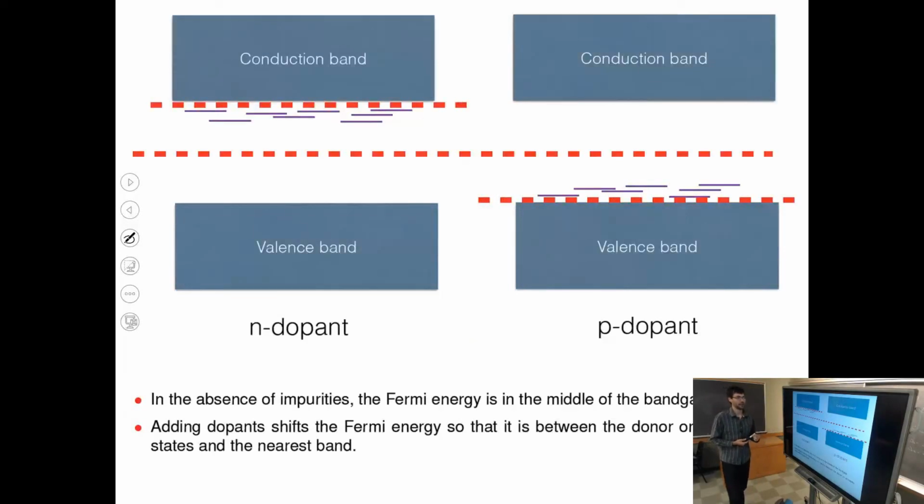Now, what that does to the chemical potential. So for an intrinsic system, like I told you, the chemical potential, the Fermi level, is in the middle of the gap. This is the case because one band is completely full, one is completely empty. And when you excite, you create two particles.